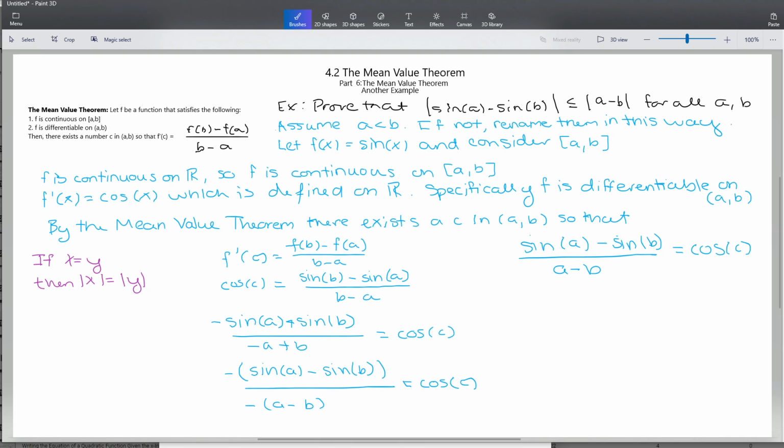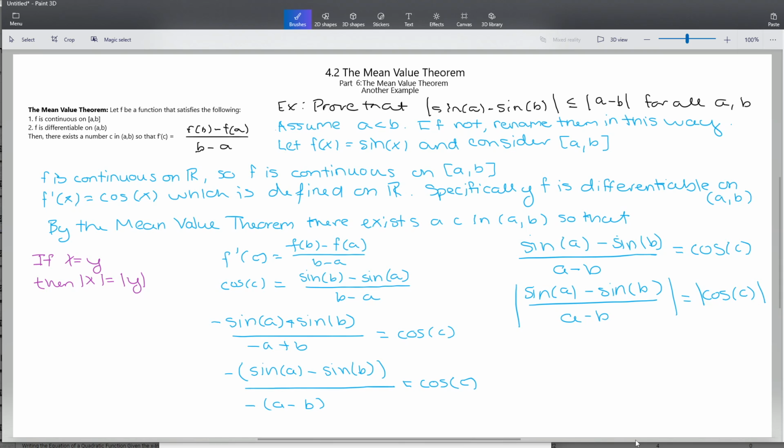So in this case, I am going to take the absolute value of both sides. So the absolute value of sine A minus sine B over A minus B equals the absolute value of cosine C.